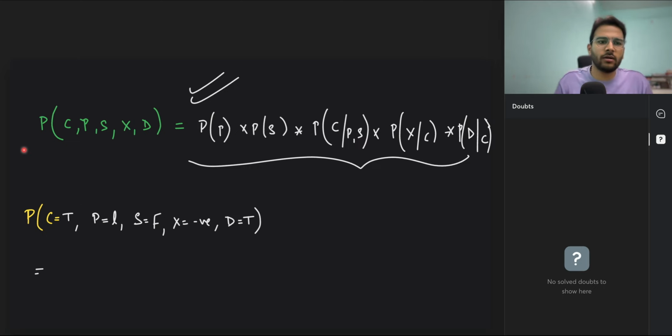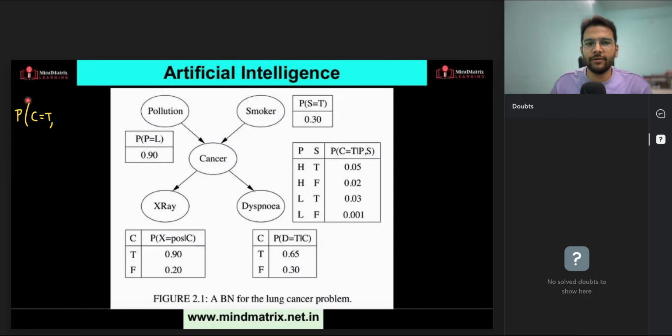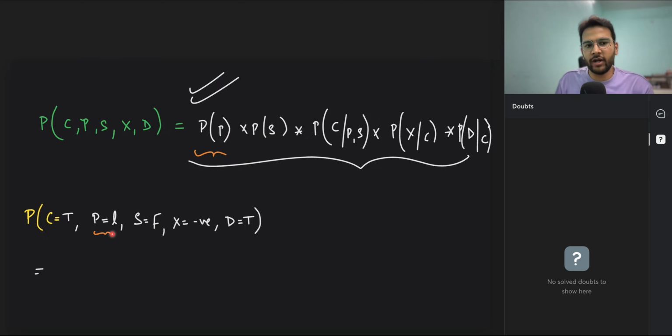Or let's do it now only. So carefully see this. What is the probability of pollution? Probability of pollution low. We are interested in the probability that pollution is low, so we can say probability of pollution low is 0.9, multiply probability of smoker is false, because here we have this, right?